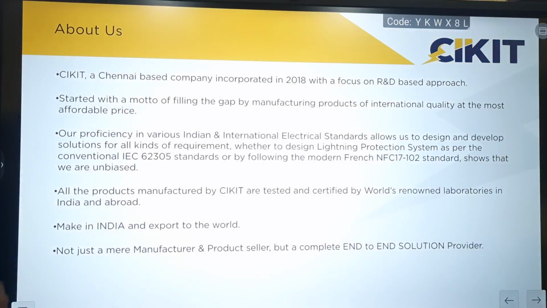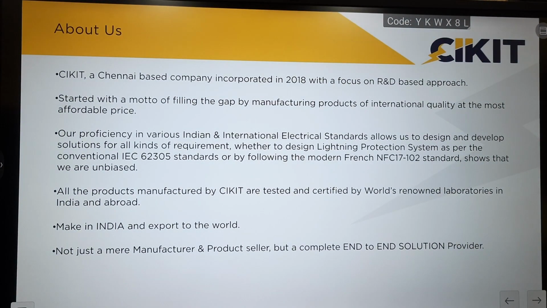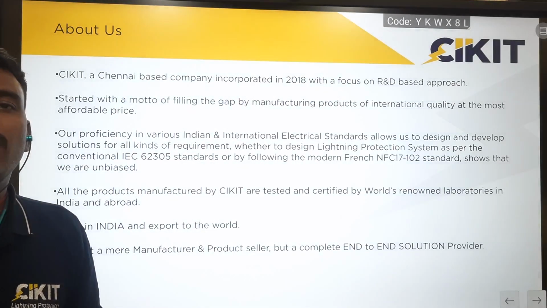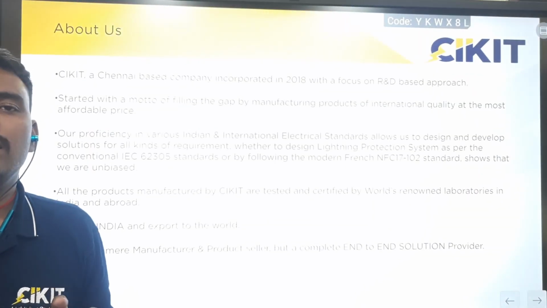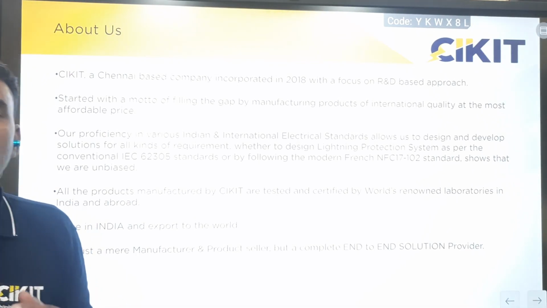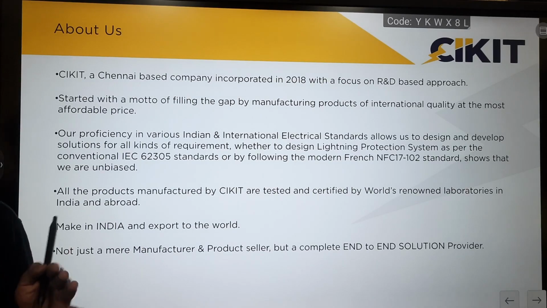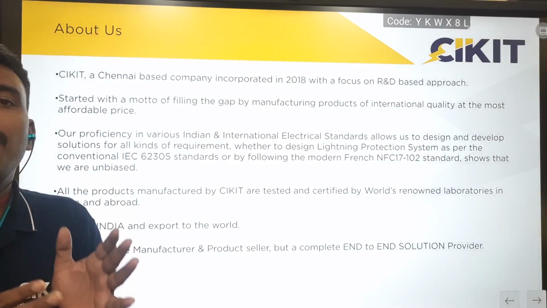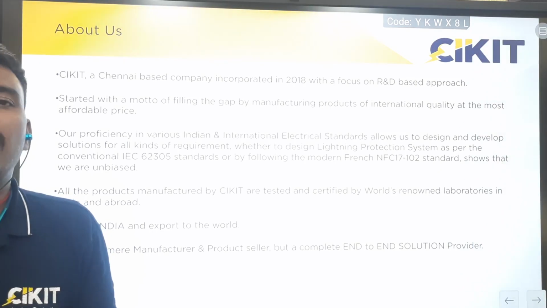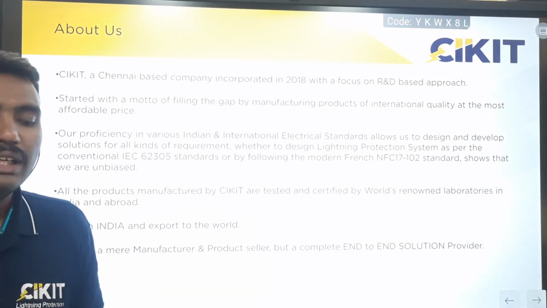If you take the solar field, there are many standards which explain it. Specifically, IS has recently launched 17978 and NBC has provided some regulations regarding solar farms. So while providing solutions to solar farms, we refer to those specific standards rather than generalized standards.